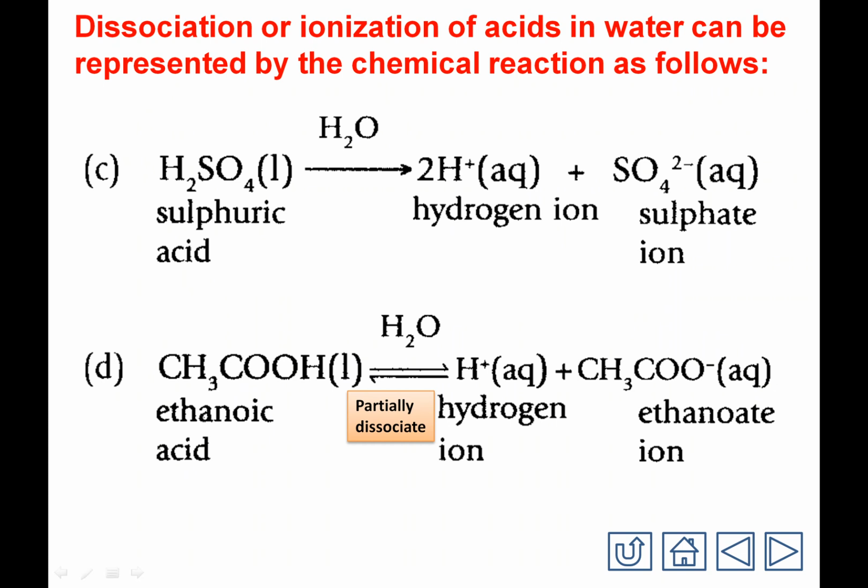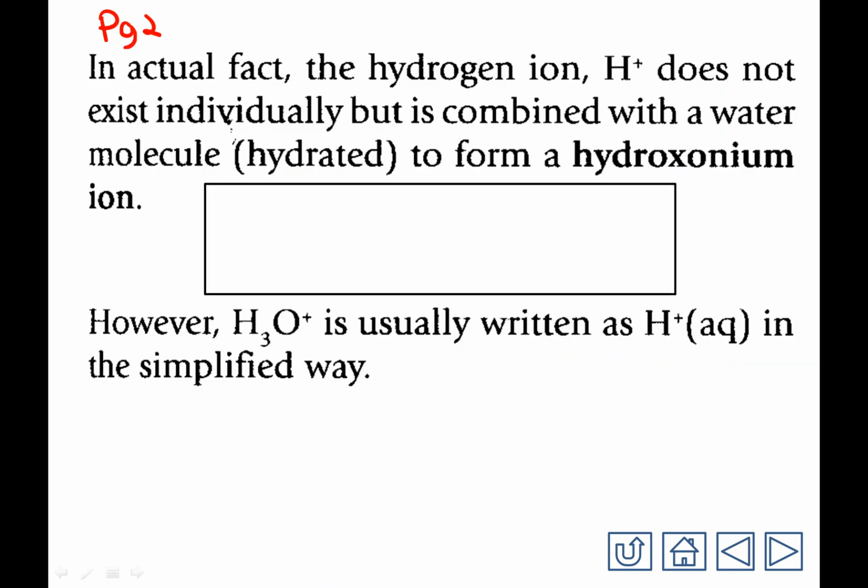Next, continue. Just now when we wrote the meaning of acid, we talked about hydronium ion. What is meant by hydronium ion? Let me explain. In actual fact, the hydrogen ion does not exist individually, but is combined with the water molecule to form the hydronium ion.